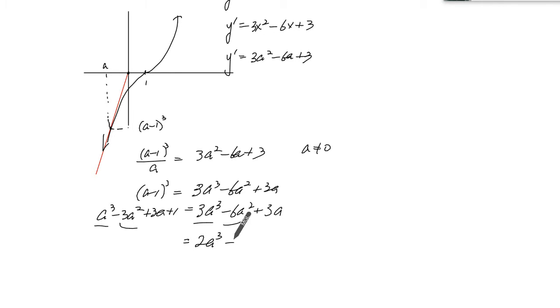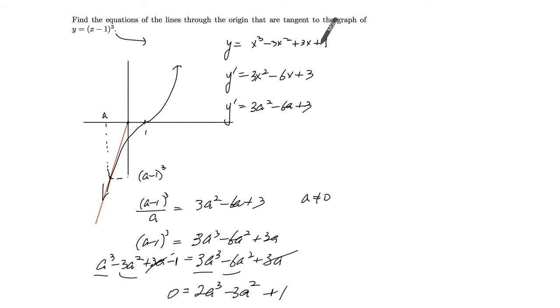Collect these two, you get minus 3a squared. These two cancel out, minus 1. Actually, this should be minus 1, so this is plus 1. It looks like I made a mistake here as well, but it didn't matter because if you differentiate a constant, you get a 0.